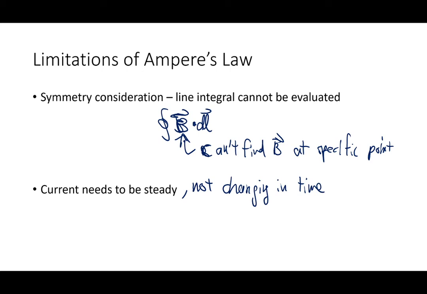Because when it does change in time, there's a completely separate physical phenomenon that comes into play, and we'll cover that hopefully by the end of the term. Nonetheless, for this week and for definitely the midterm, and whenever we apply Ampere's law, you can assume that the current is in fact steady, so you don't have to worry too much about that.